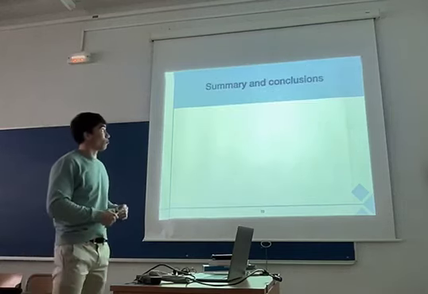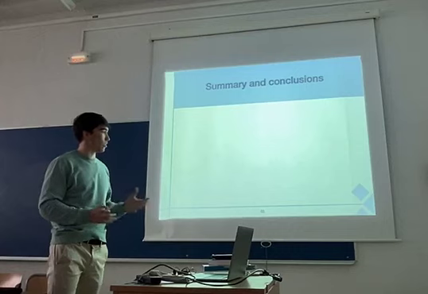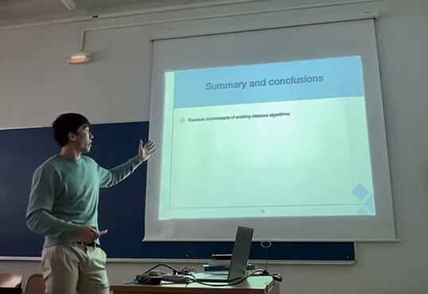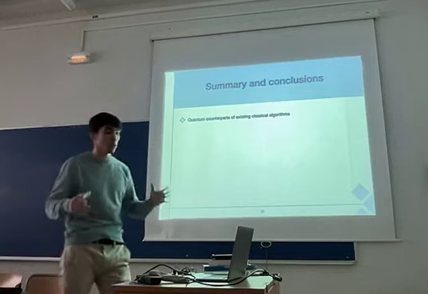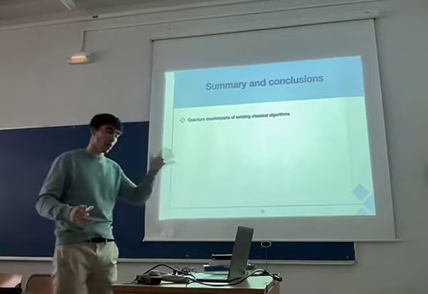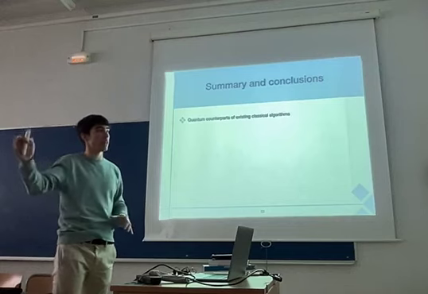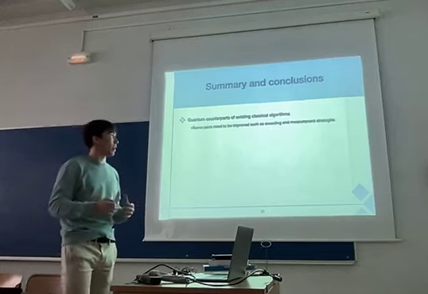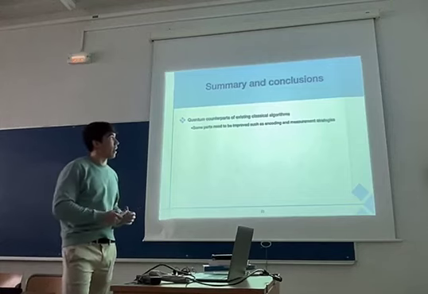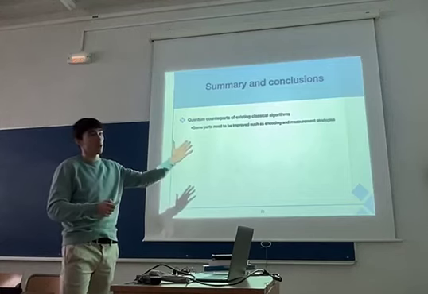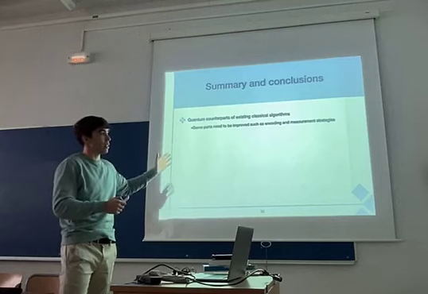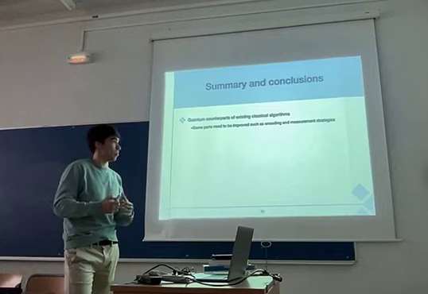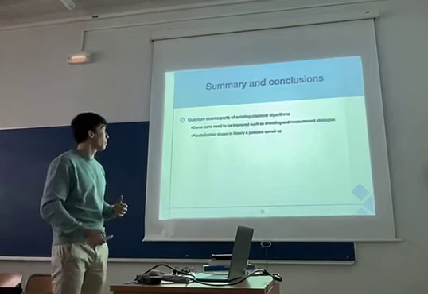So to summarize and conclude, which is the state of the art of quantum image classification, we have studied that there are quantum counterparts of the existing classical algorithms, like the quantum convolutional neural network approach and the k-nearest neighbor approach. We have found that there are some parts that need to be improved, like the encoding and measurement strategies that are not explicitly explained in the papers. They are just assuming that you are able to efficiently retrieve the information of the quantum system.